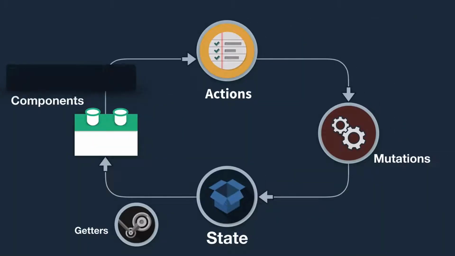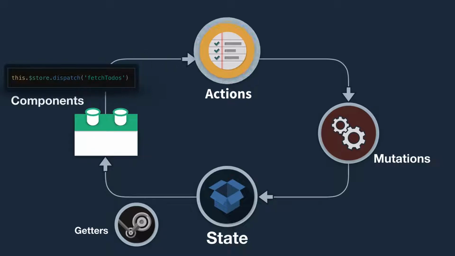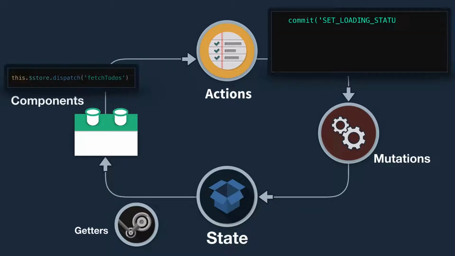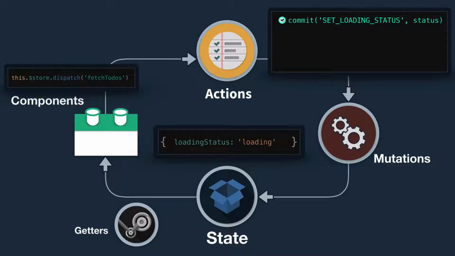If you remember in the first lesson of this course, we looked at a code example where there was an action that contained several mutations. The first mutation set the loading status. Then it ran an API call.